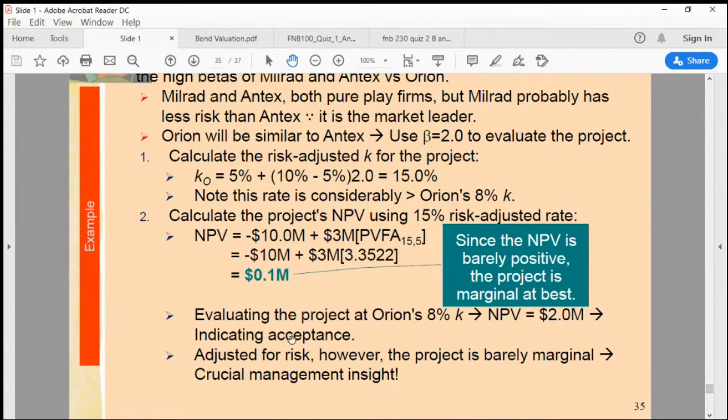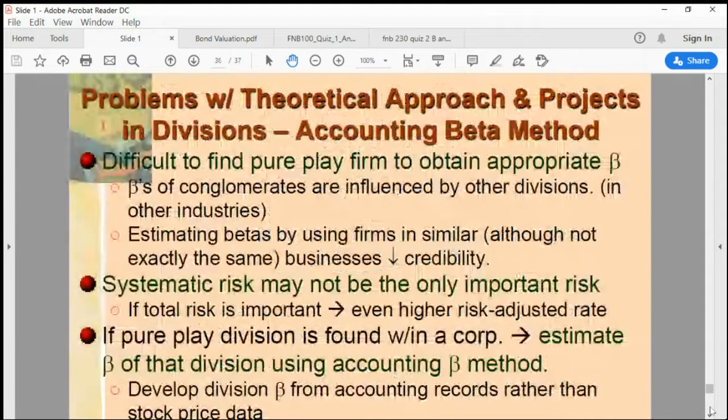Now, evaluating the project at Orion's original cost of capital, 8%, indicates acceptance. Adjusted for risk, however, the project is barely marginal. So management insight is crucial.